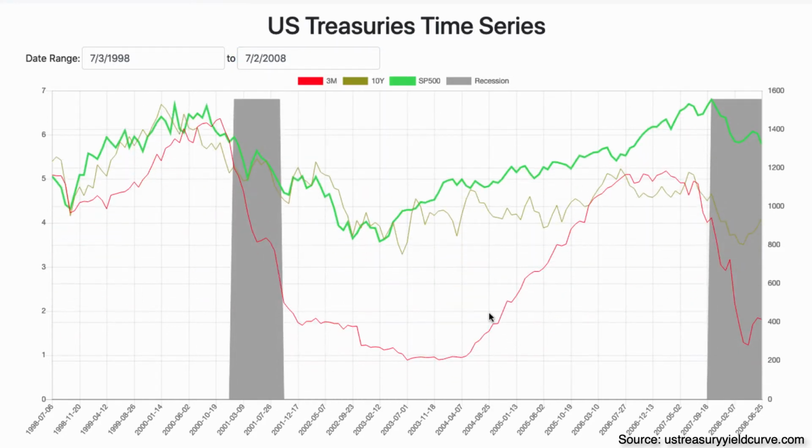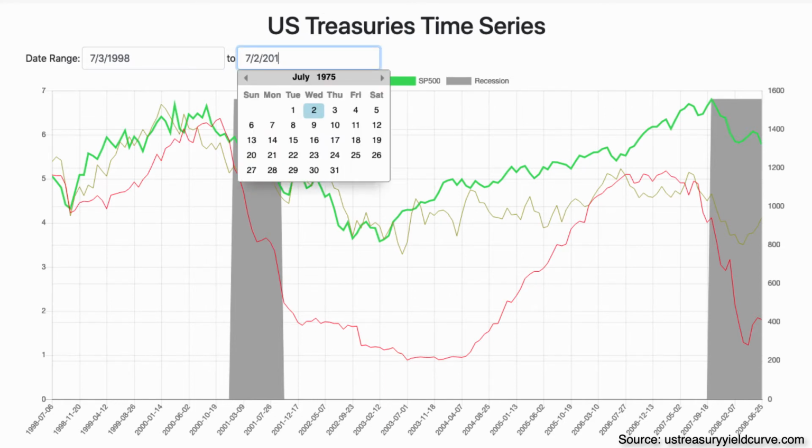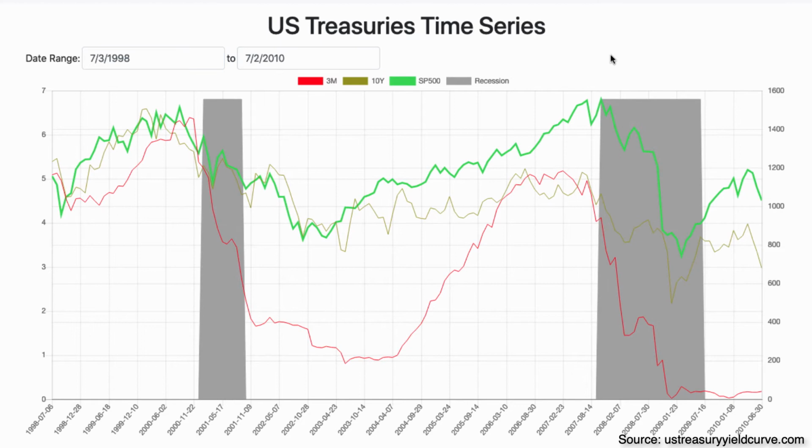Let's add 2008 to our chart. And as you could see there, we had yet another inversion because they wanted to get rid of those ultra low interest rates.